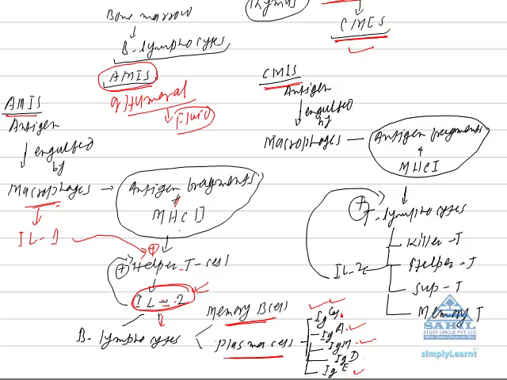But IgG can cross the placenta, so it is a very good means to provide passive immunity to the fetus, because IgG present in the mother can cross through placenta and give immunity to the fetus.